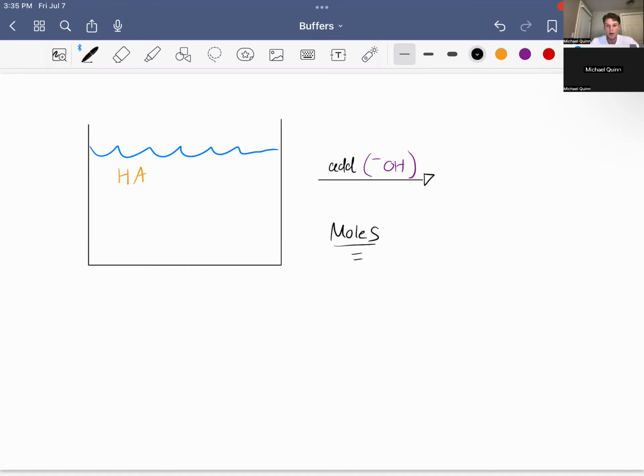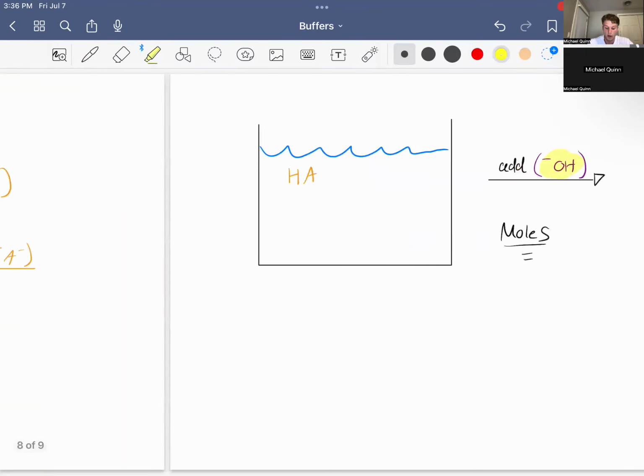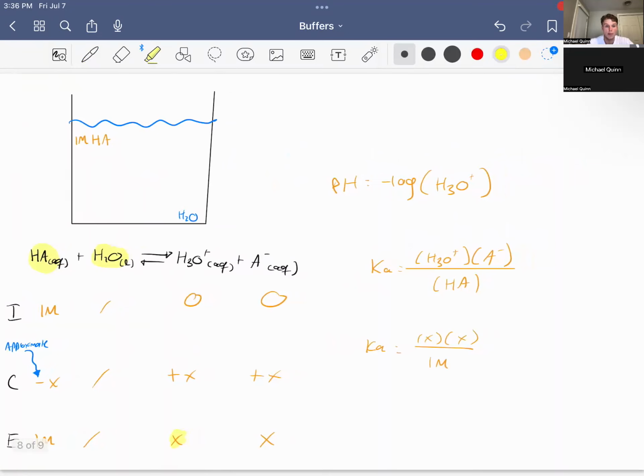You can work with moles when you are dealing with a reaction where something strong is involved. Because we are adding OH minus in, you will often see in titration type questions, moles be the unit used to work with your calculations. However, if we are working with a problem like this at the start of a titration before anything strong has been added, we cannot use moles.